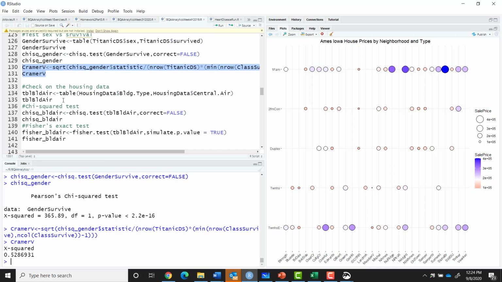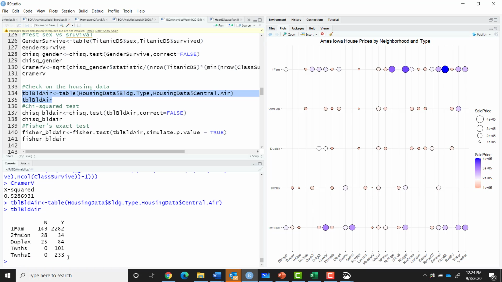Okay, let's do one more example. Let's go back to our housing data. So let's just say, is there a relationship between the type of housing and whether or not it has central air? And we see here that it's interesting.